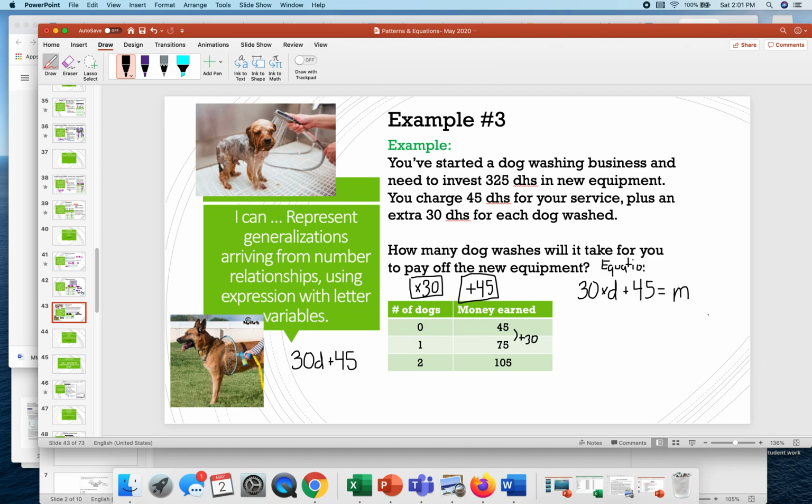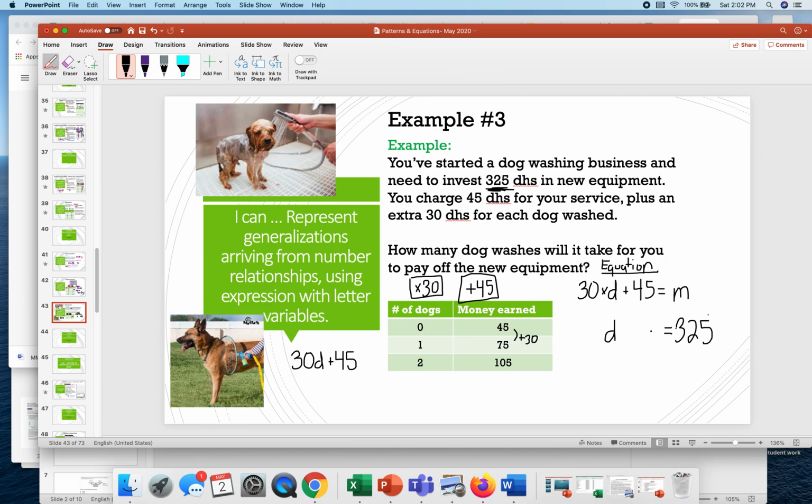Okay, equation is this. Now what we're going to try to figure out is, we have to go back up to here. So I have to pay off this 325 dirhams. I have to figure out how many dogs I need to walk. I don't know how many dogs I need to walk, but I do know that I have to earn 325.